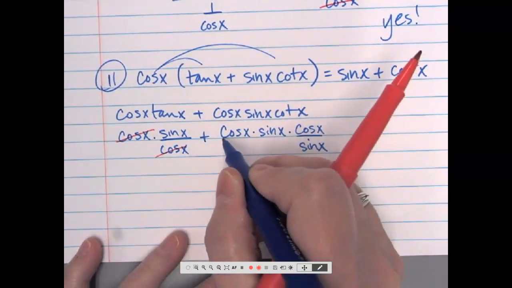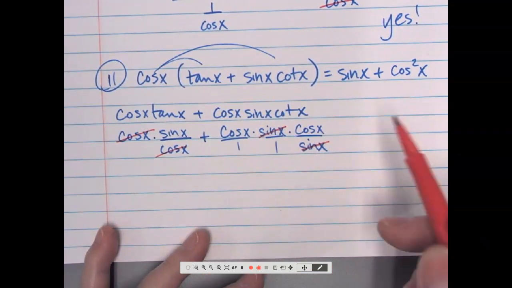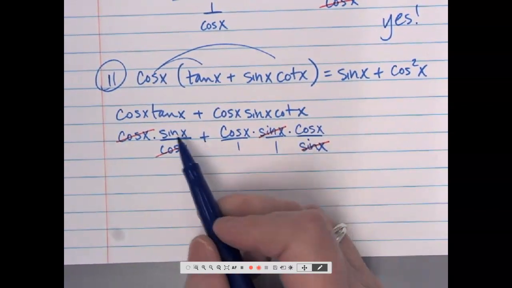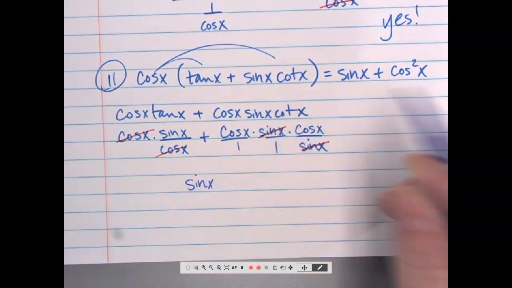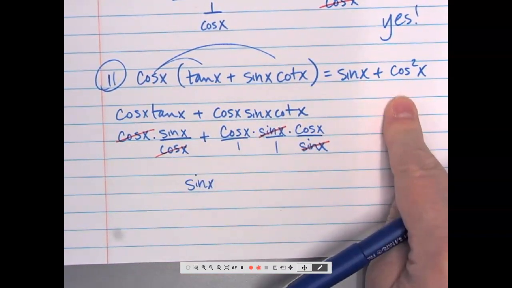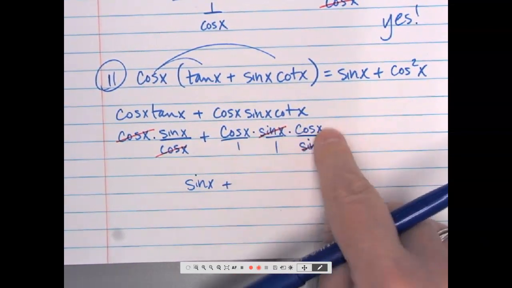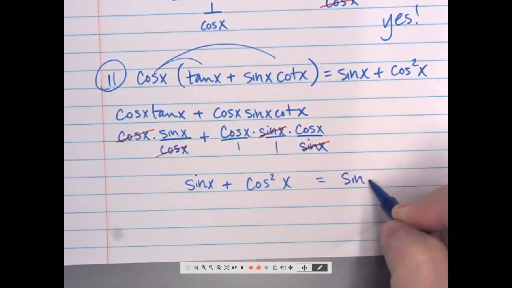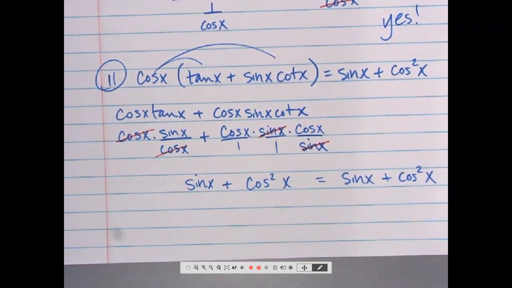These are both over 1, but I do see this sine and this sine that would cancel top to bottom. Only because they're multiplied, they cancel. Okay, so what's left here is just sine. Look at what we're headed towards. Do you see that we're there? Plus cosine times cosine is cosine squared. And that's it. So that work is our answer.